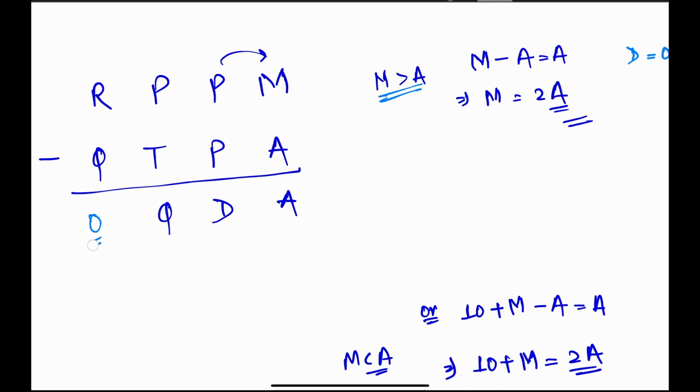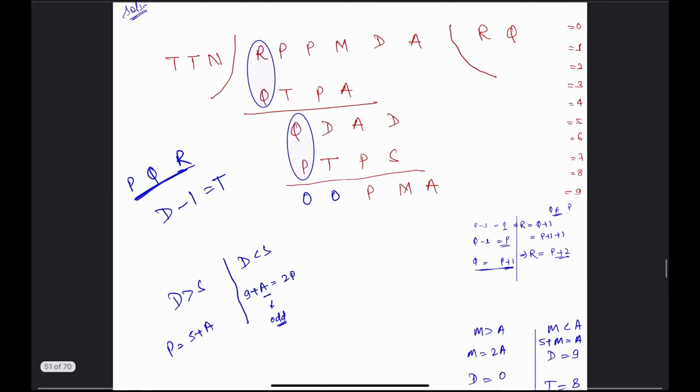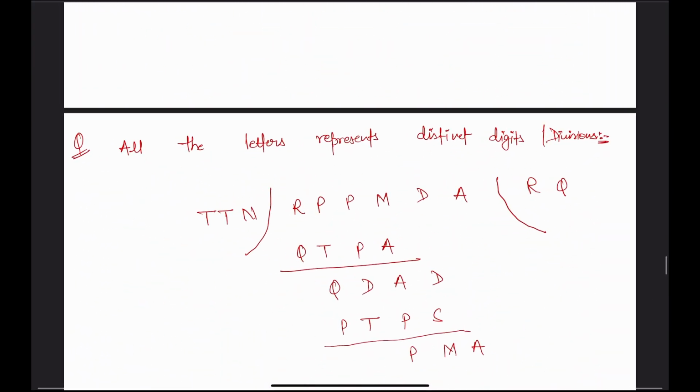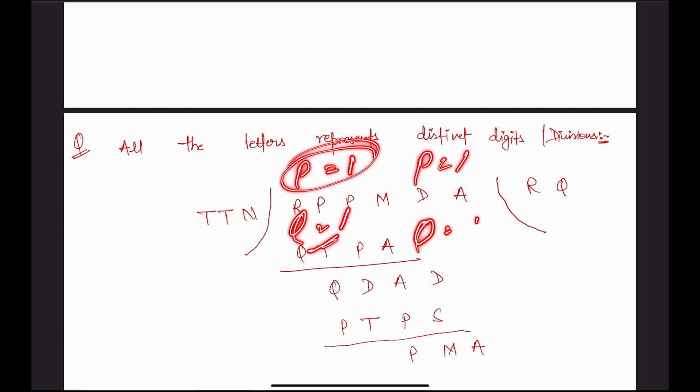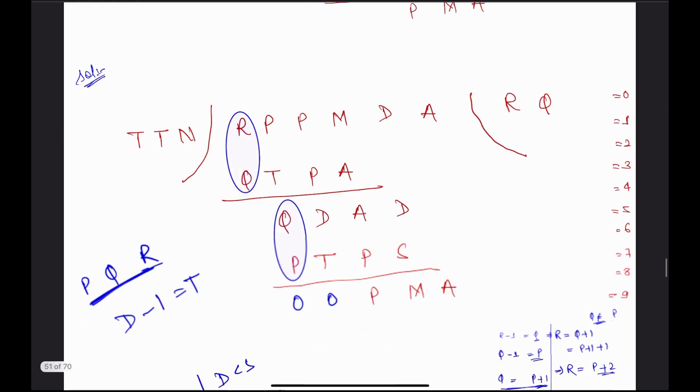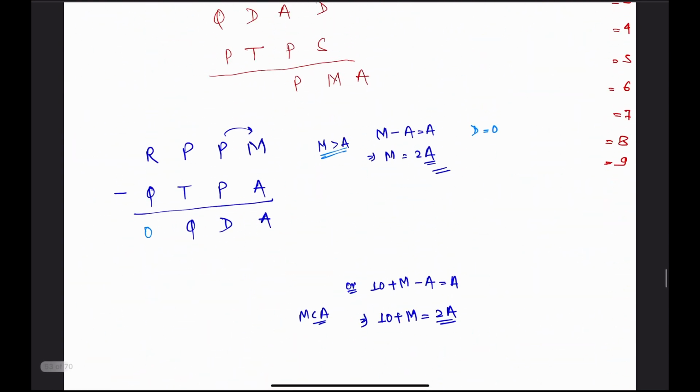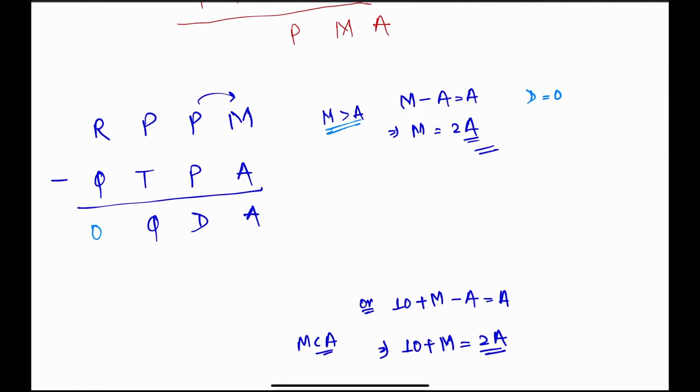In the question it is given that all the letters represent distinct digits. So if P is already 1, Q cannot be 1, it has to be different. If P is taken as 1, Q can be anything except 1. So I can say P and Q are two different digits.